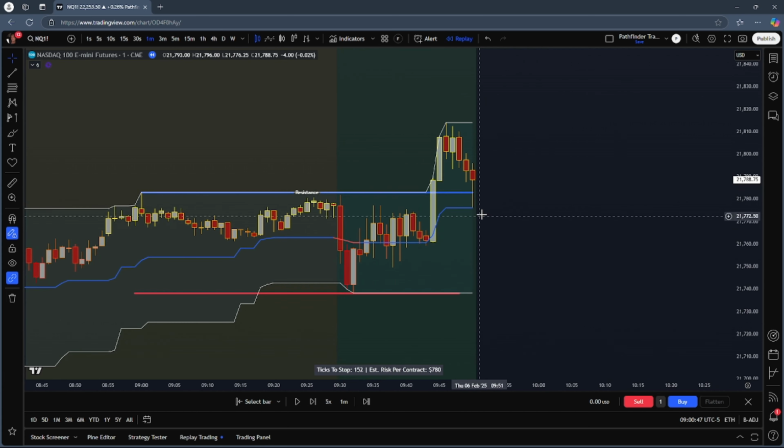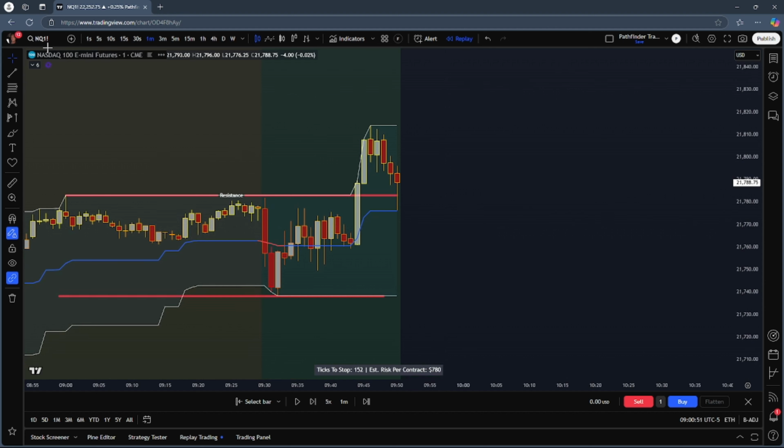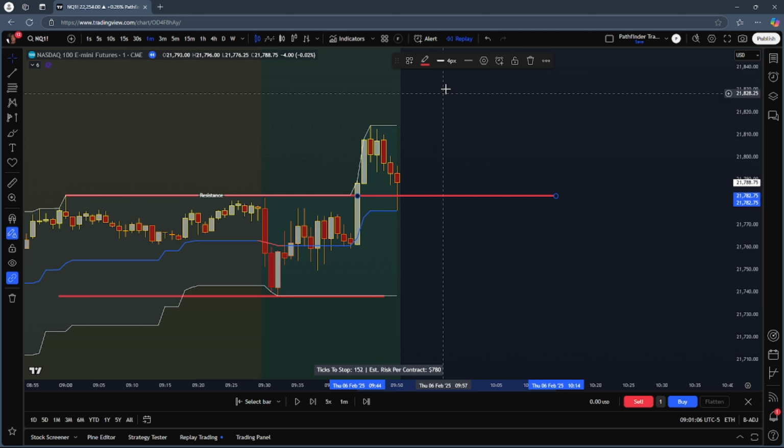It was resistance here. And then right here, we're about to see this. It got flipped. So from this level right here, this was resistance. And then right here, it flips to potential support.